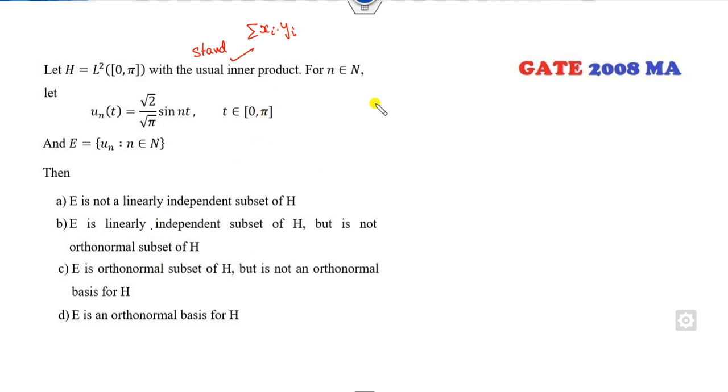You can simply take any two vectors, u_n and u_m, which are root of 2 by pi times sine of n t and sine of m t. Now it's a standard inner product space over the domain 0 to pi of u_n into u_m.